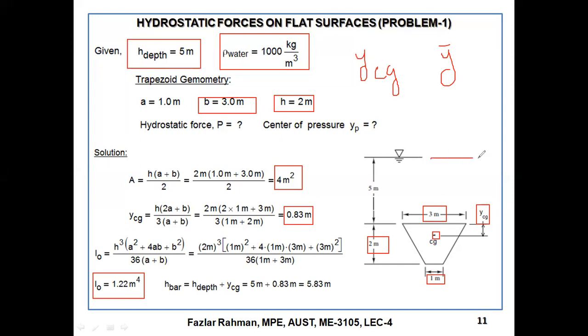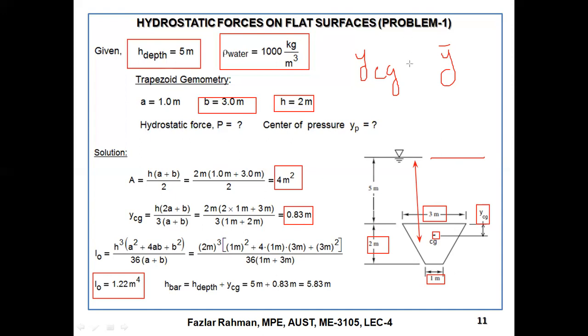Y bar is the overall distance of the CG from the top surface. And this YCG is giving you location of center of gravity with respect to the edge of the object, right? From top edge or from the bottom edge. But this Y bar, you have to count from the top surface of the water.